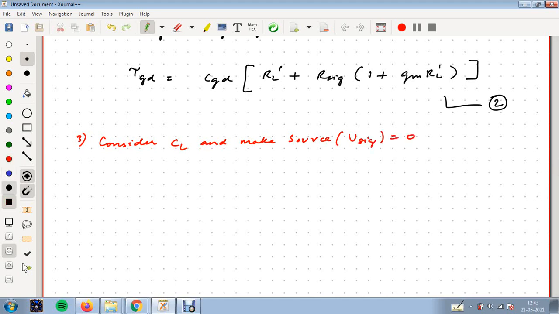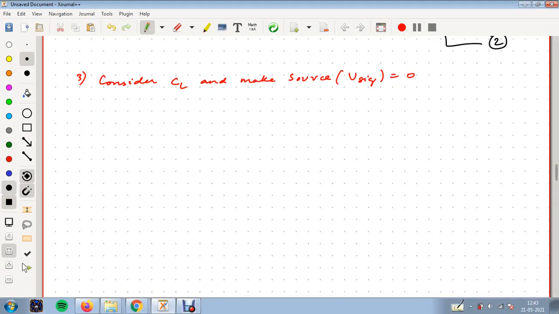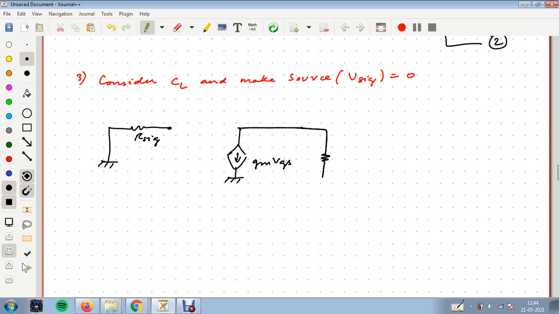If you redraw the diagram, V signal is 0, you have R signal, which is completely isolated because CGS and CGD both are open circuited. Then there is the dependent source Gm into VGS, then you have RL prime. CL will be here.